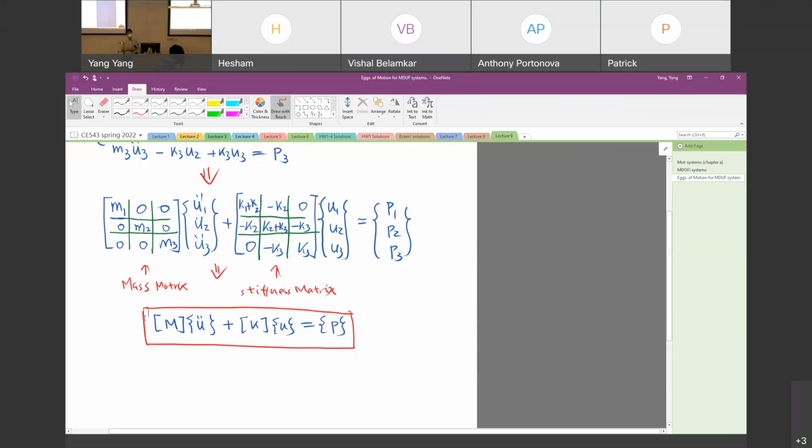So it is very similar to the single degree of freedom system. The only difference is that instead of scalar variables, we use matrices and vectors.